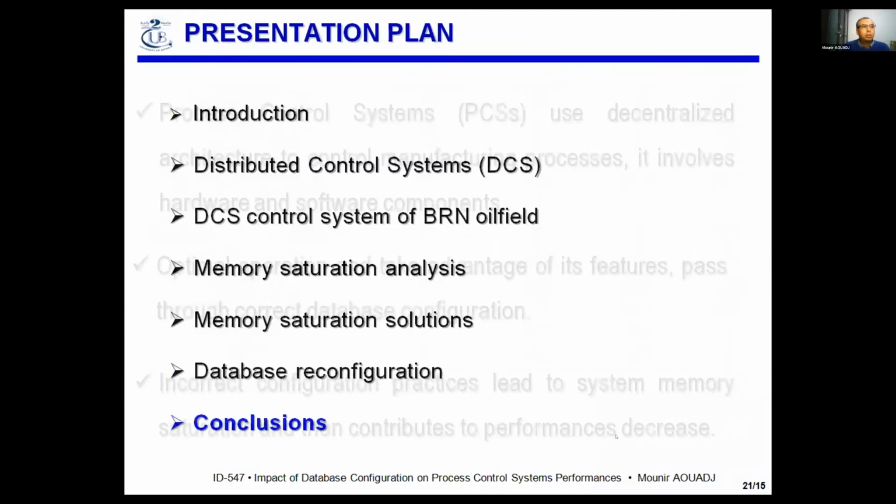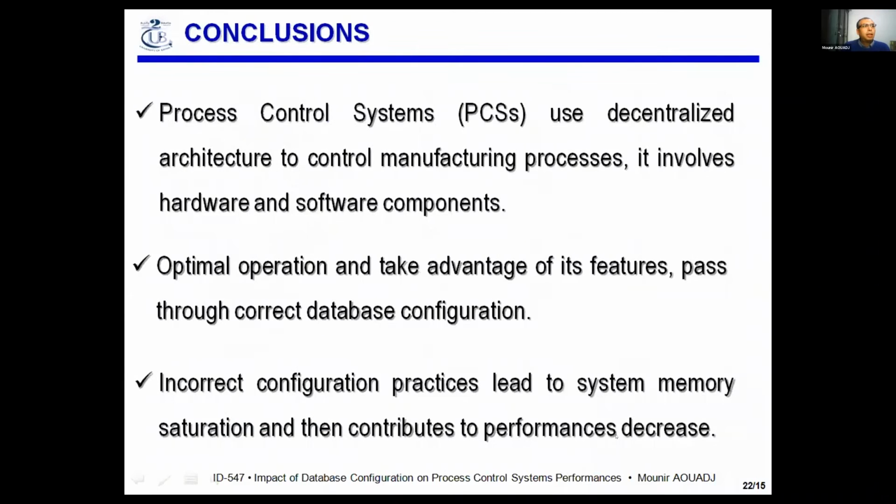As conclusion, we can say that process control systems use decentralized architecture to control manufacturing processes. The architecture involves hardware and software components, from the central control panel to the remote controllers and input-output modules throughout communication supports. To obtain optimal operation of the control system and take advantage of its features, it is important that the initial configuration of the system is made on correct practices.